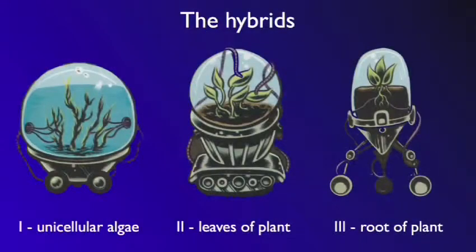We have another possibility. We are working in our lab to build hybrids. It's much easier to build hybrids. Hybrids means something that is half living and half machine. It's much easier to work with plants than with animals. They have computing power, they have electrical signals.